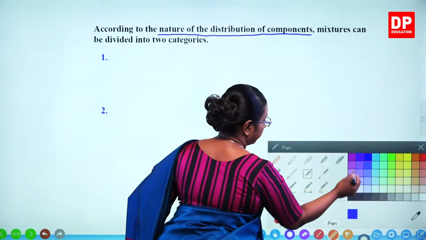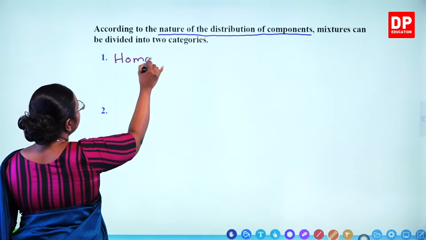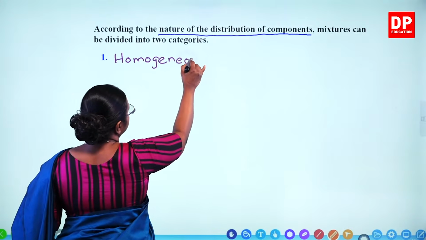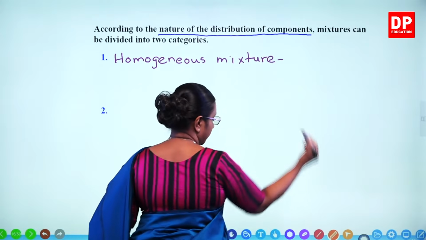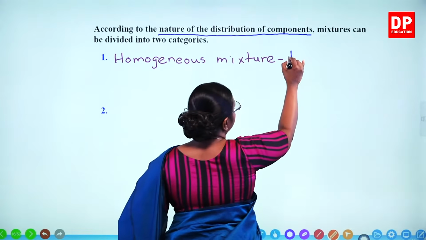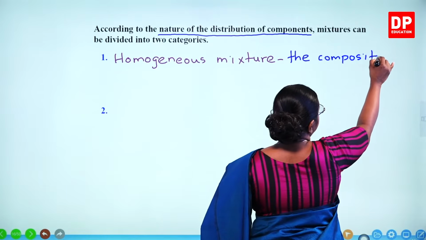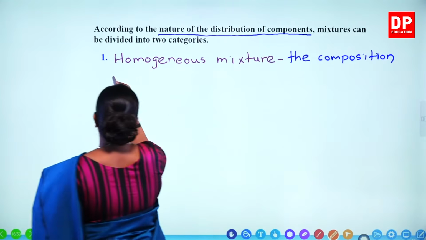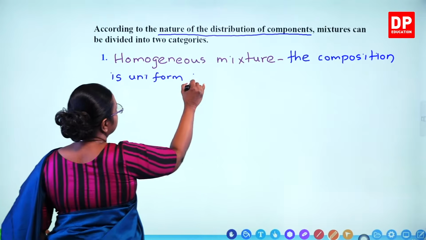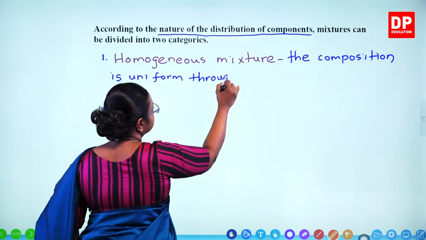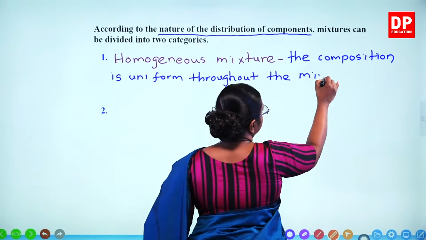The first category, that is the salt solution, is known as a homogeneous mixture. Here, the composition is uniform throughout the mixture.